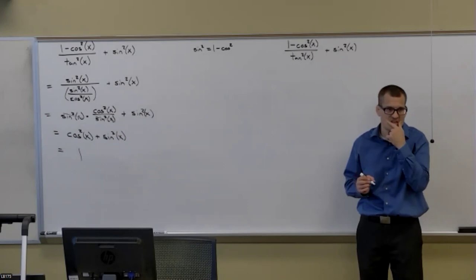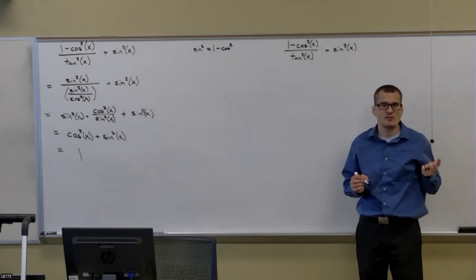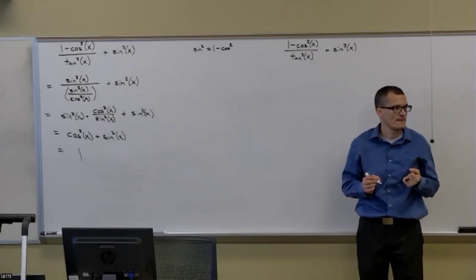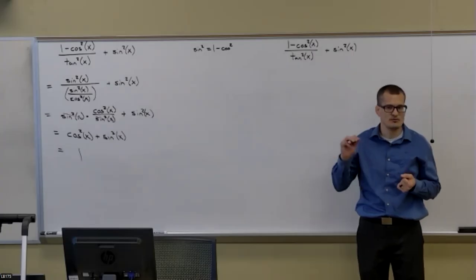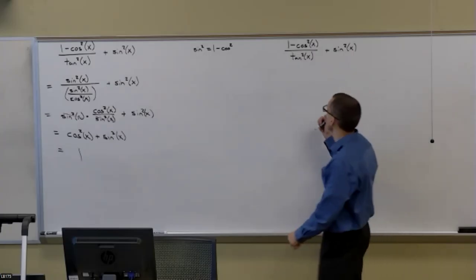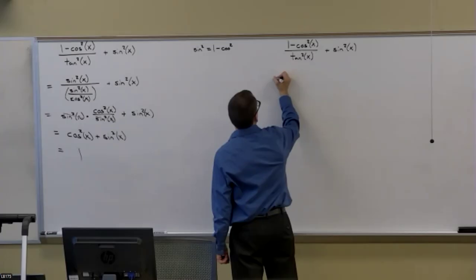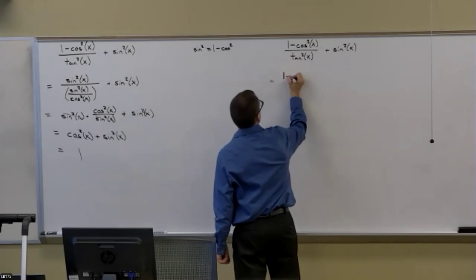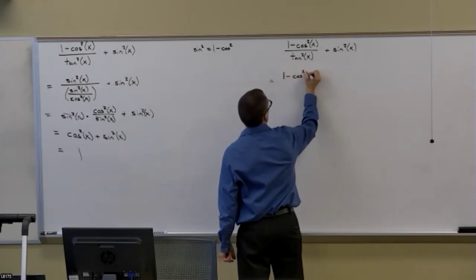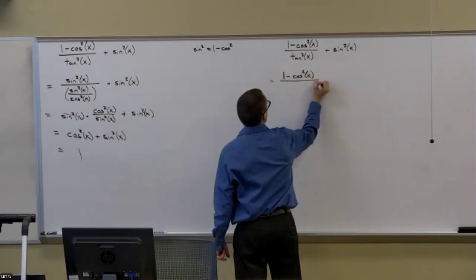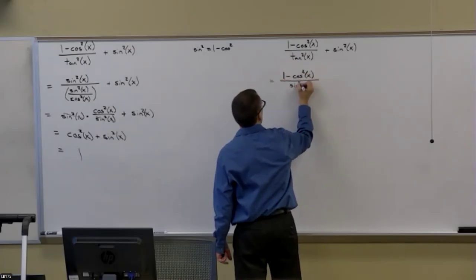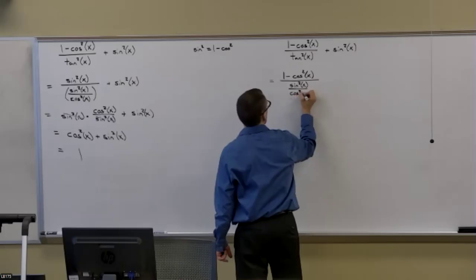Okay. Any other ways people would like to start? Go for it. I turned tangent into sine over cosine immediately. Yep, and then multiply by the reciprocal immediately. Perfect. So we can do that as well. We can go 1 minus cosine squared, turn tangent squared into sine squared over cosine squared.